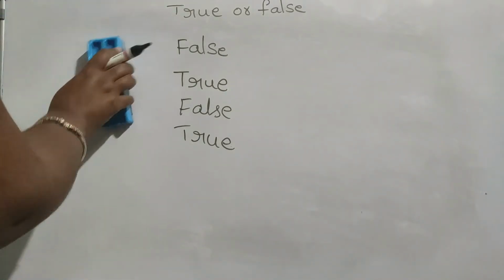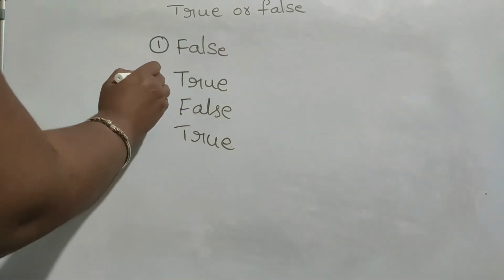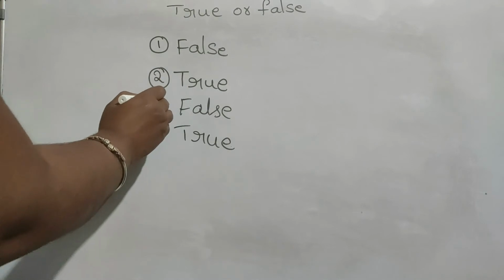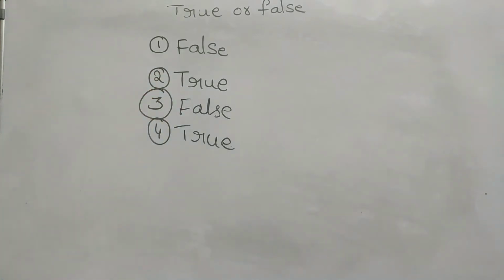So as per the last 4 problems, the first statement is false, the second is true, the third is false, the fourth is true. Moving on to the fifth statement: numbers divisible by 15 are also divisible by 3 and 5.